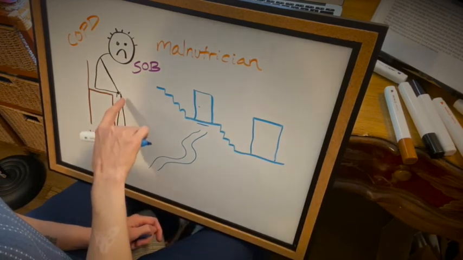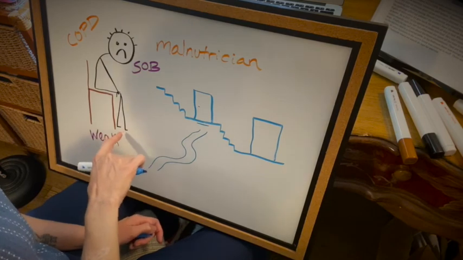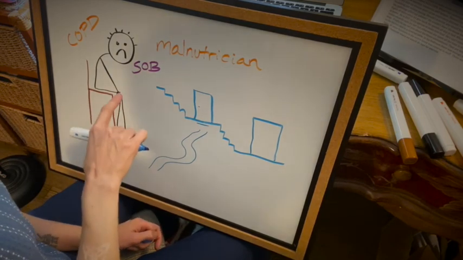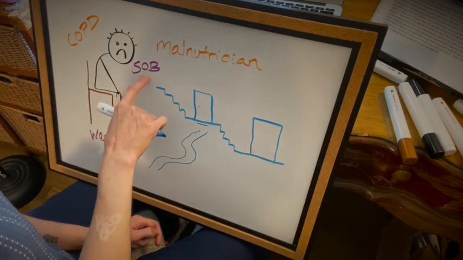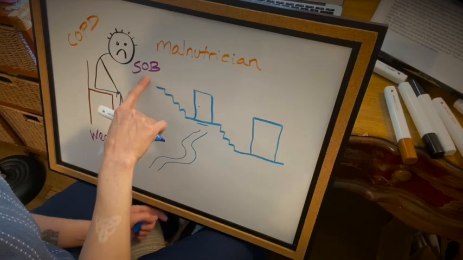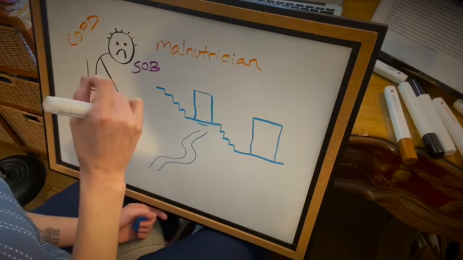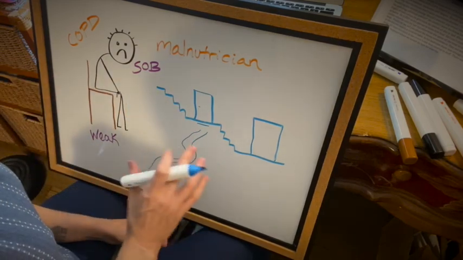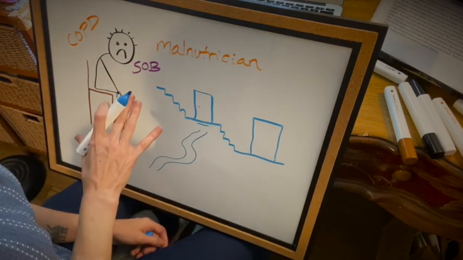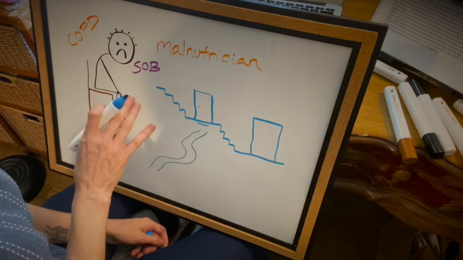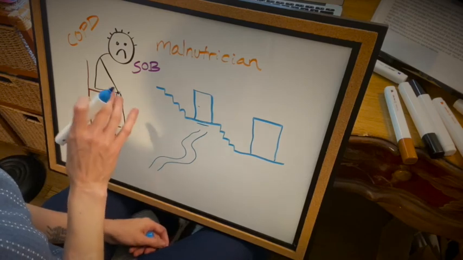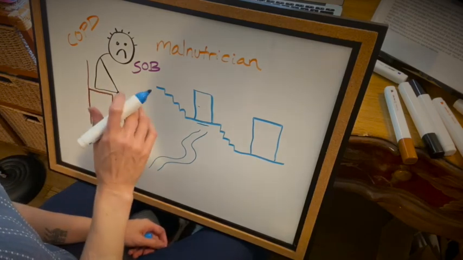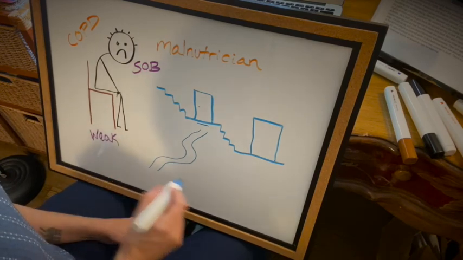Not only because of the weakness in his legs and his body, he was unsteady and unstable, but also because of his respiratory problems. Shortness of breath, he would desaturate really quickly. And so getting him up and down the stairs was not an option. If something happened to him, an ambulance was going to have to come to get him. So he's trapped in his house. He's trapped on the top floor.